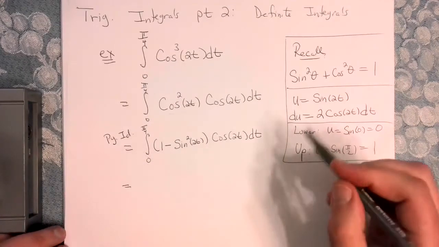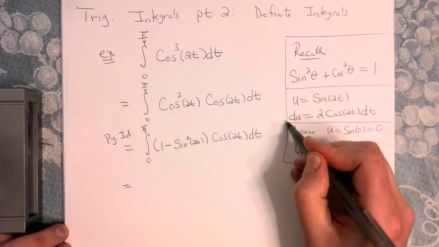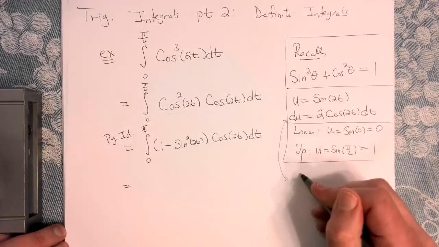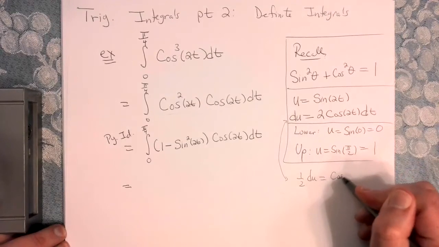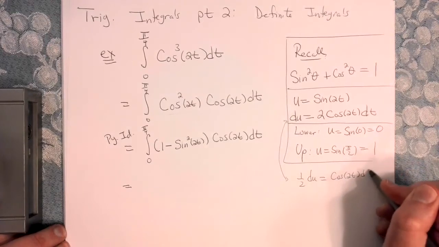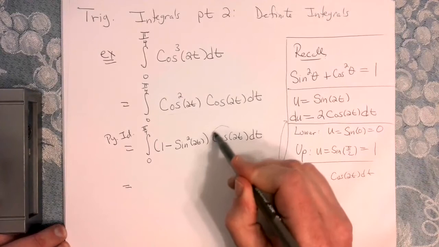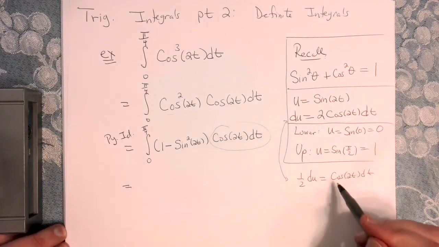Okay, this is promising. Oh, one thing I usually note that I think I forgot here, that's fine though, is that if we solve, 1/2 of du is cosine of 2t dt. And that's important because that allows me to replace this.